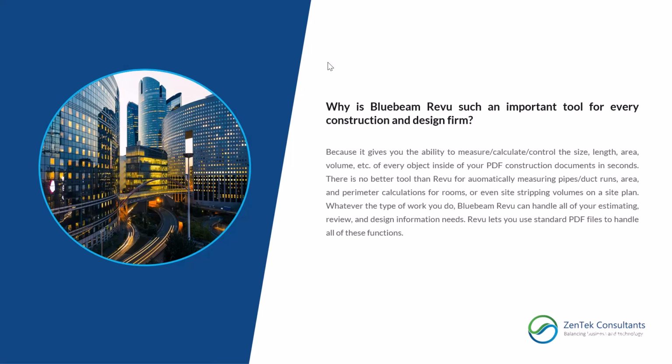There's no better tool than Revu for automatically measuring pipes, duct runs, area, perimeter calculations for rooms, or even site stripping volumes on a site plan. Whatever the type of work you do, Bluebeam Revu can handle all of your estimating, review, and design information needs. Revu lets you use standard PDF files to handle all of these functions, so it's not even anything new.